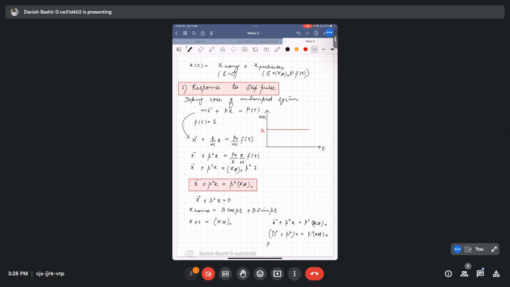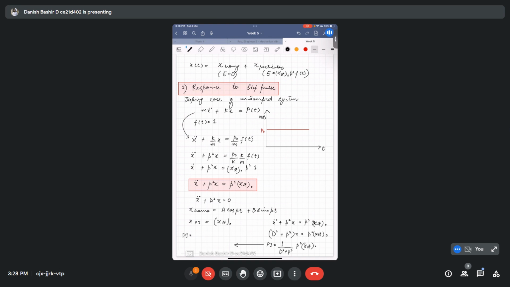So we write the particular integral PI as 1 by d square plus p square times p square x static naught. I'm writing it here for your convenience.